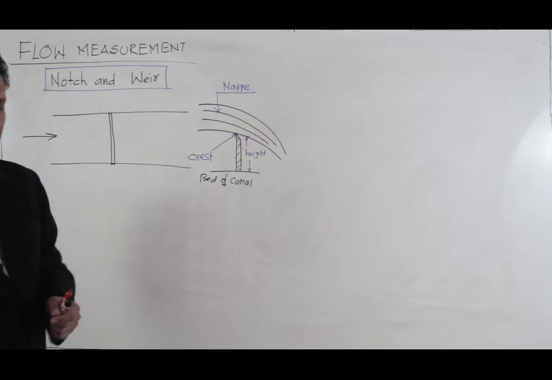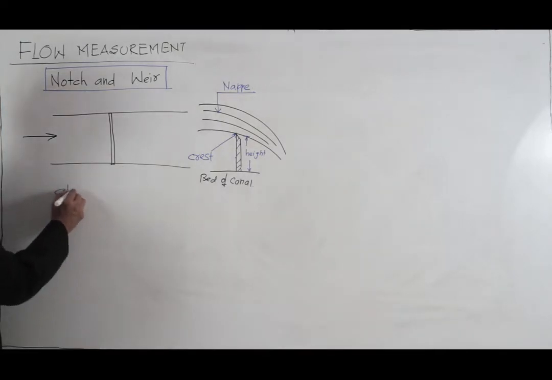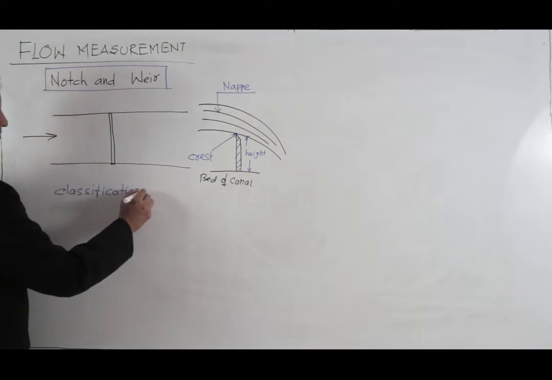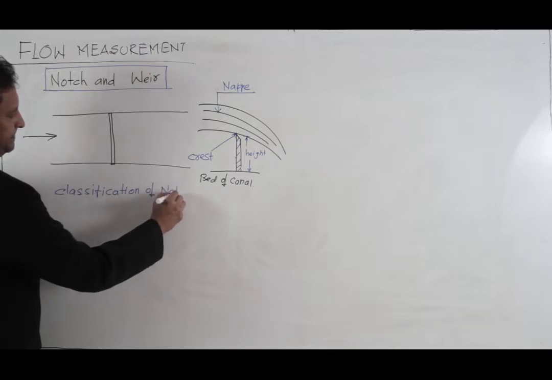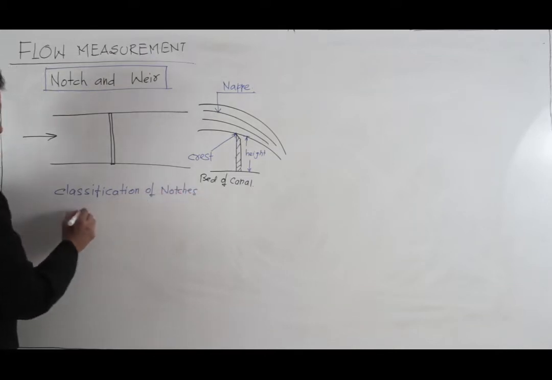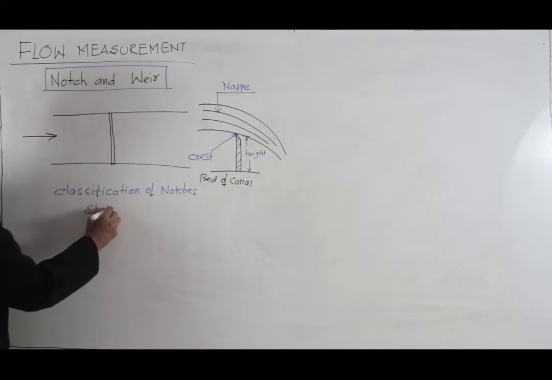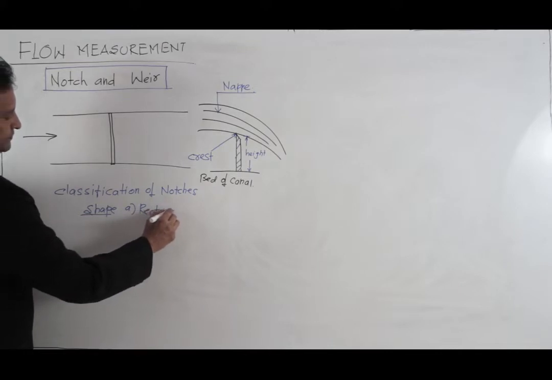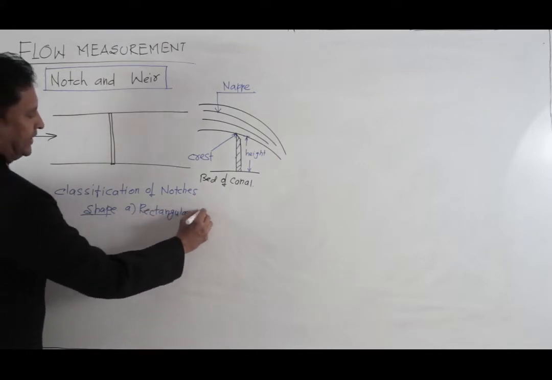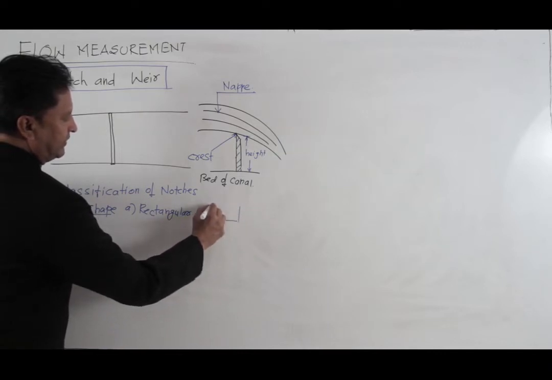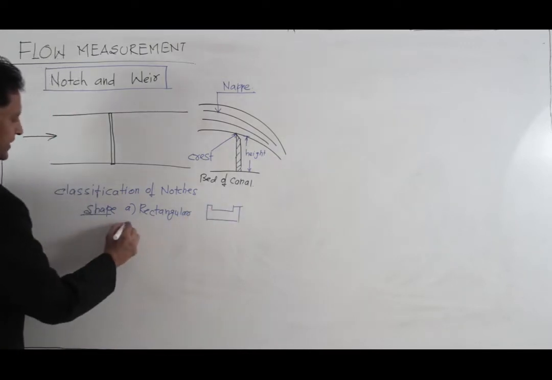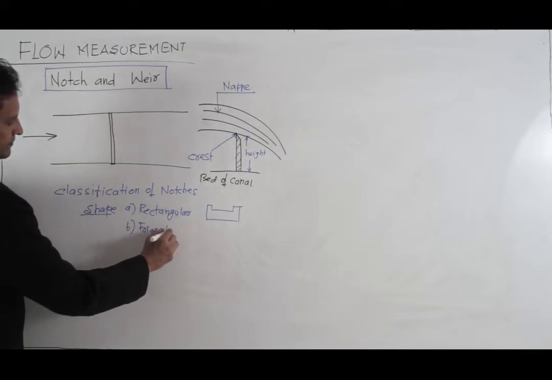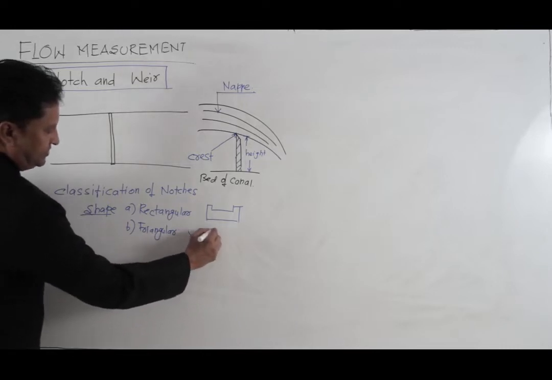Now we'll classify these notches. That is the classification of the notches. First, depending on the shape, you get the rectangular notch. That is, the notch is like this, rectangular one. Then you get the triangular notch. The shape of the notch will be like this.